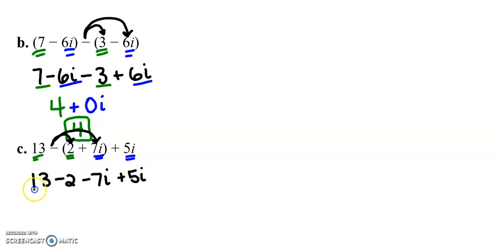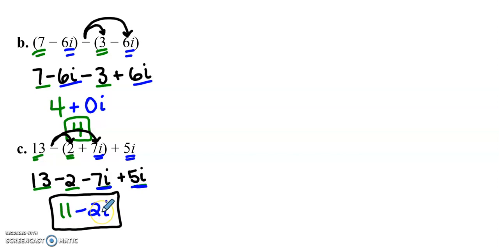I'm going to combine my reals, 13 minus 2 is 11. I'm going to combine my imaginaries. Negative 7 plus 5 is a negative 2i. This is in standard form, real and imaginary, a plus bi.